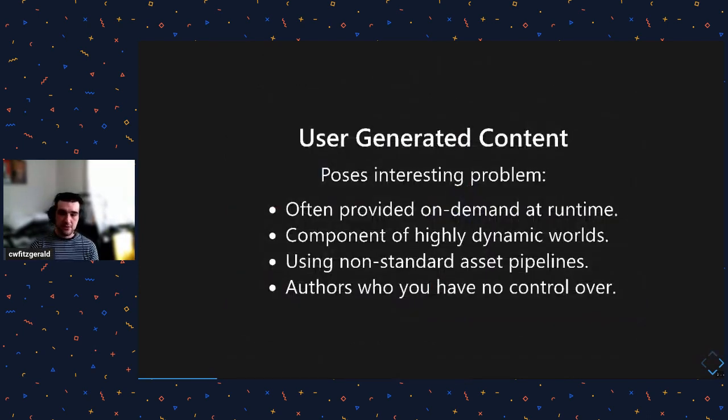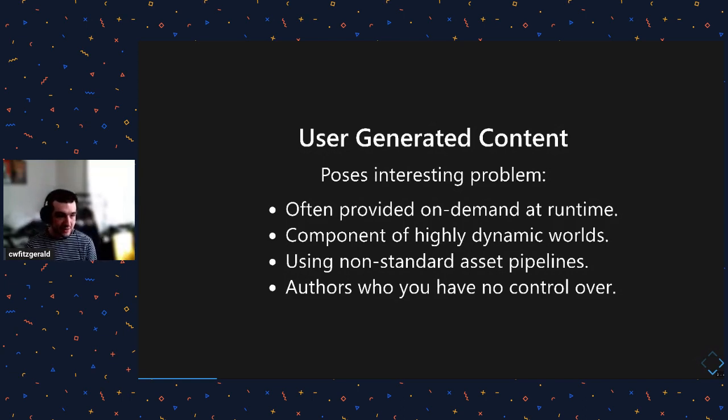All right, so user-generated content poses a lot of interesting problems. We've already talked about how it's provided at runtime on demand. So this prevents a lot of the pre-baking and the sort of asset pipeline side of what a lot of games would use. They're often a component of highly dynamic worlds.